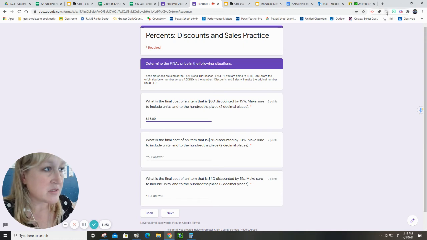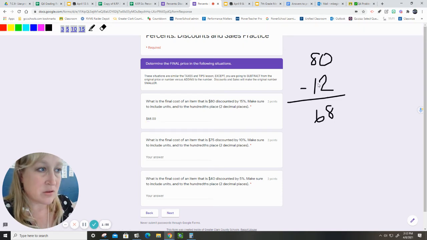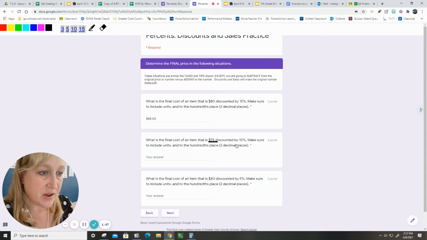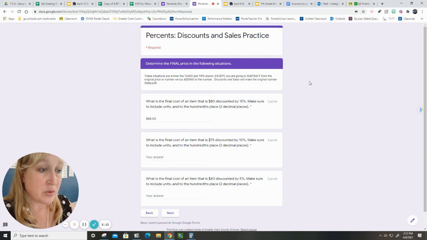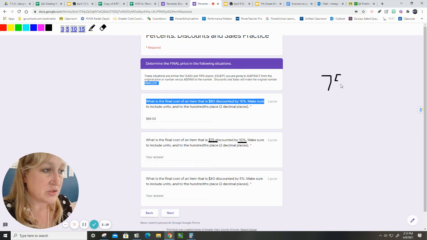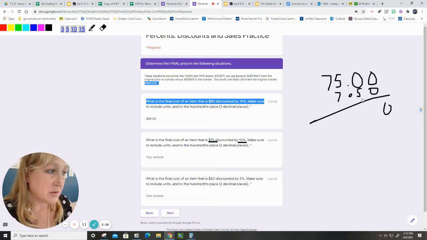The next one tells me the final cost of an item that is $75 discounted by 10%. So I'm going to use my calculator and do $75 times 10%, which is 0.10 as a decimal. That is $7.50. So that I can remember what I'm doing, I will do $75, lining up my decimals, subtract $7.50. 0, carry the 1, 5, this turns into a 4.